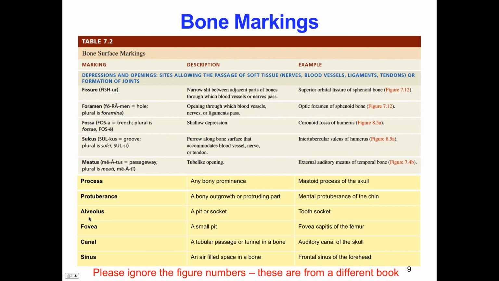I know what these terms mean, but when I try and look at a bone and decide whether something is a process or protuberance, I'm not an expert on that, all right? So what should you do? Well, learn the terms, be familiar with what they mean. And in terms of finding examples, just look at the bones that I have highlighted here in this talk, and you should learn those ones.